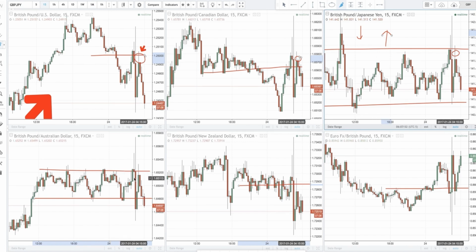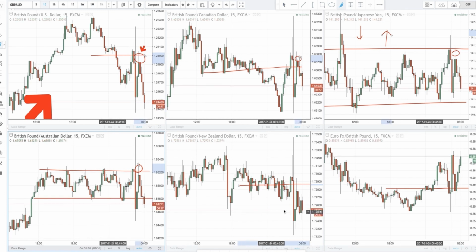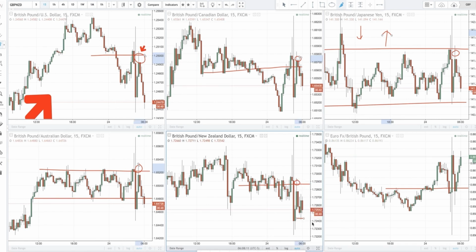Pound yen at 5:15 puts you right around there. Another safe place, top of the range, trying to sell to the bottom of the range. This one's already done. 5:15 for this one puts you right around there, makes new lower lows and everything. This one is still working on it, reached recent lows so far.